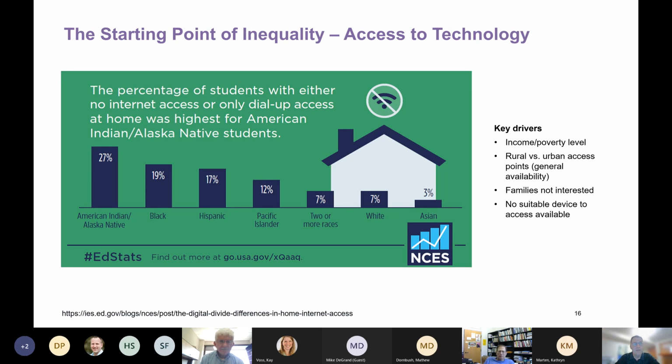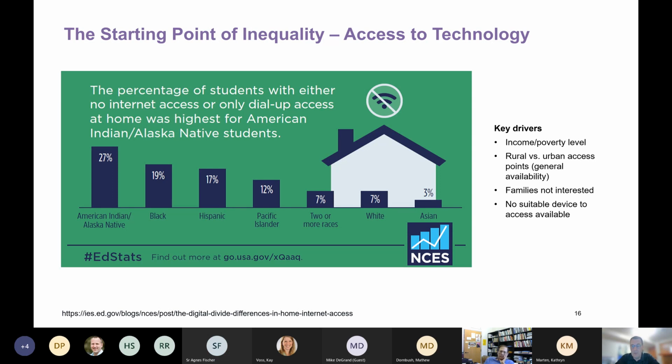I didn't even realize dial-up still exists, but this was from 2018. And so you can see that American Indians, Alaska Natives, then Blacks, then Hispanics, and so forth, have a significant disadvantage in the numbers or the percentage of those populations that have eligible access to the internet.